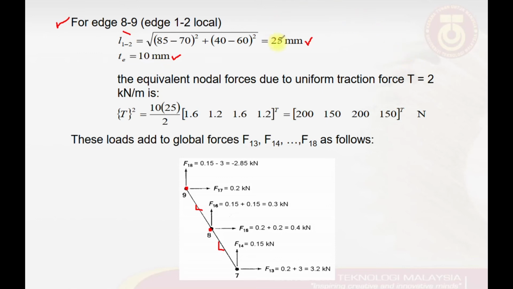So substituting this into the equivalent force applied at each node for the edge 8 and 9, again we get the same numbers.